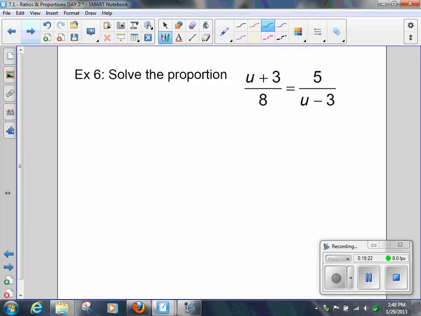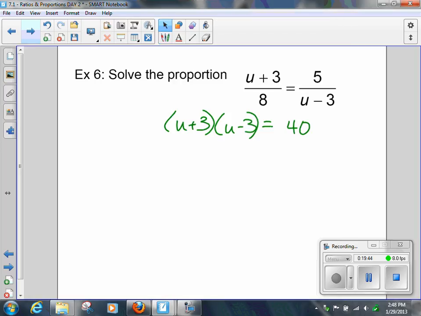What do you think about this one? Here we go. Let's pick it up. Same thing. U plus 3 times U minus 3. 8 times 5 is 40, right? All right, what do we have to do on that left side? Foil it out.